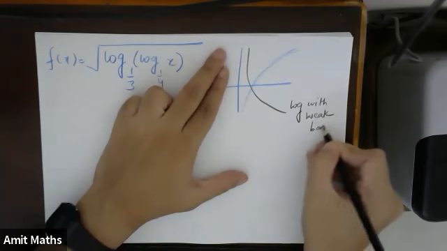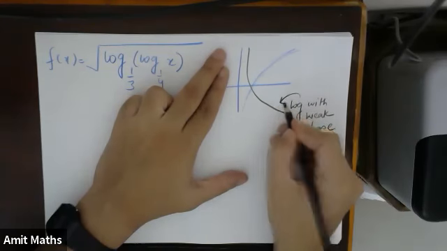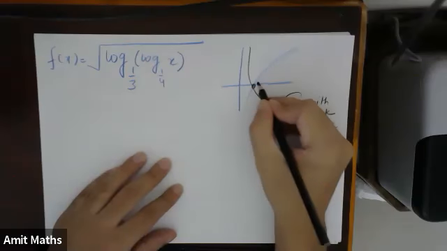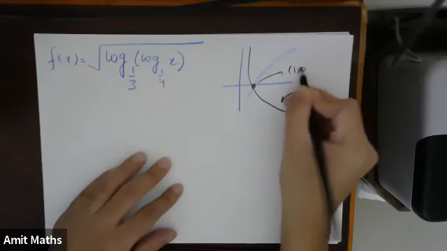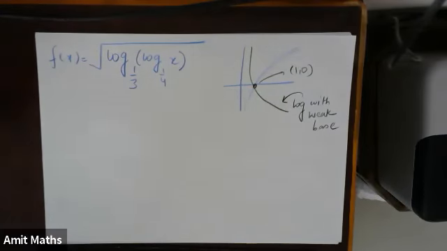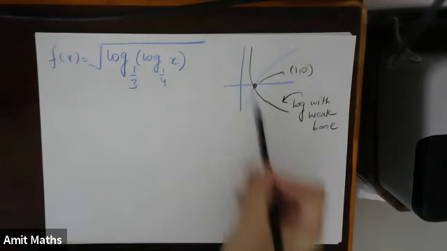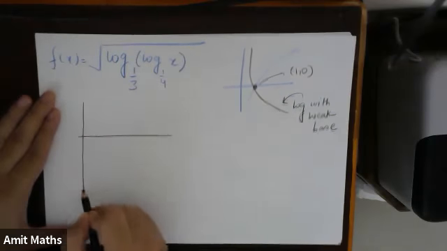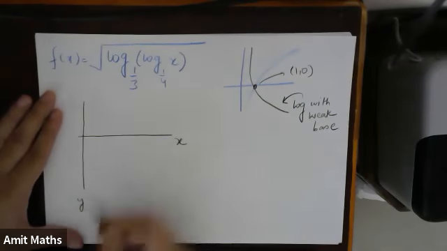This was the graph of the log with weak base. And this point was 1, 0. That means if I look at this graph, this is the x-axis, this is the y-axis.